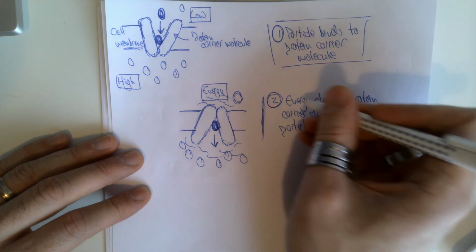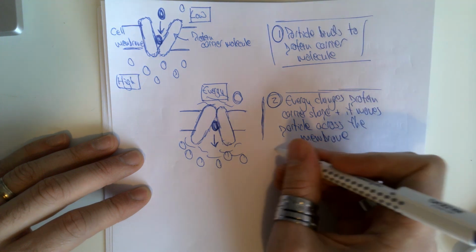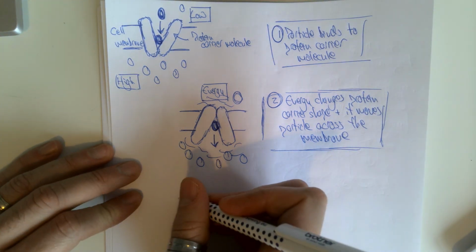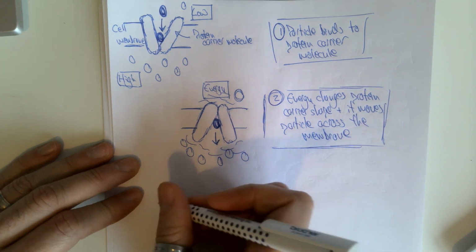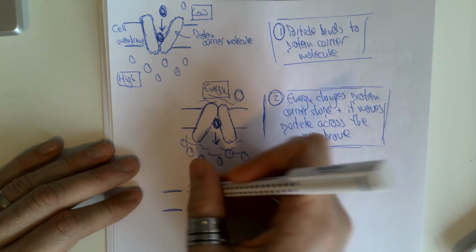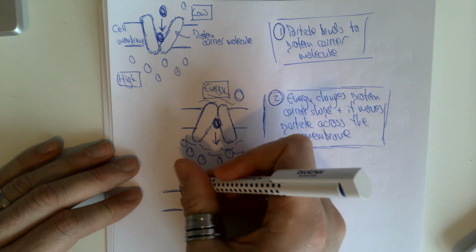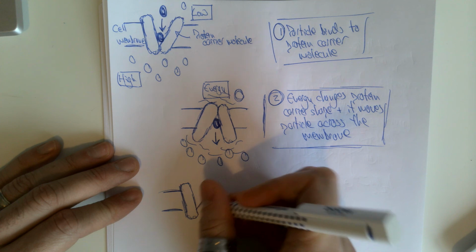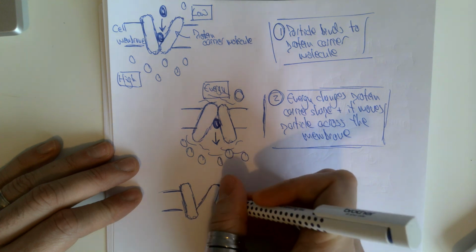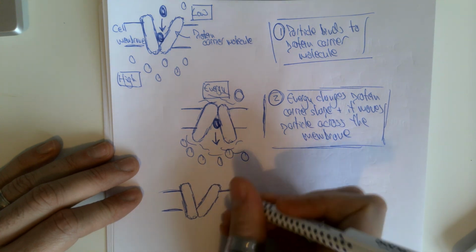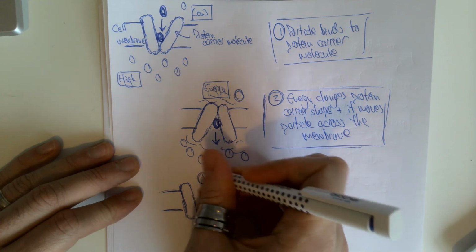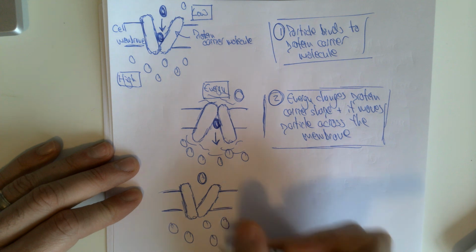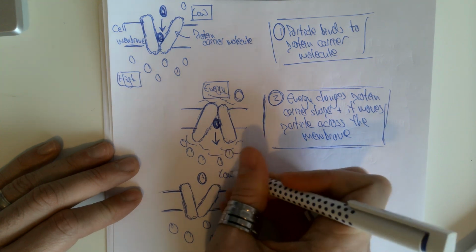It then finally reverts to its original shape so that it can repeat the process again if needed. And this is how active transport moves substances from a low concentration across the membrane to a high concentration.